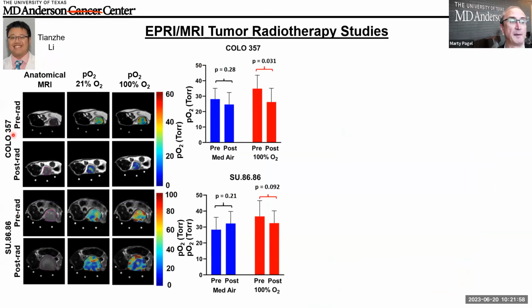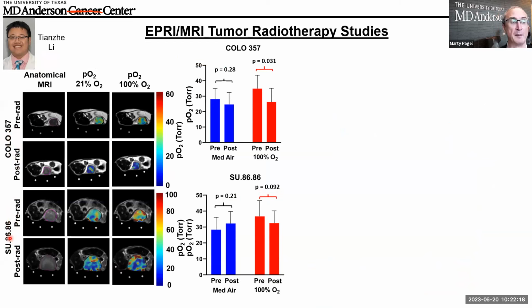So we studied a Colo 357 model and an SU8686 model. We were hoping that the Colo 357 model would be more hypoxic than the SU8686 model. But to be honest, we found them to be somewhat more comparable than we had anticipated based upon our EPR results.